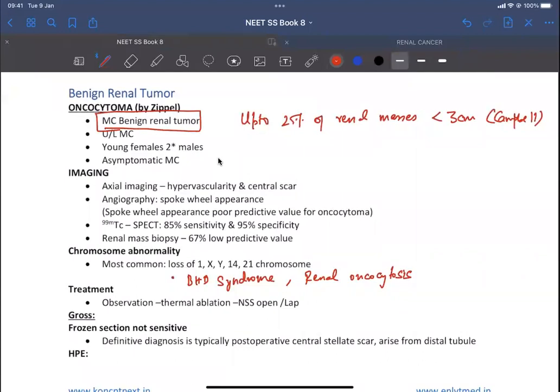Again, just briefly, Campbell says up to 25% of renal masses less than 3 centimeters can be oncocytomas. For small renal masses, it's difficult to say whether they are malignant or benign, and biopsies are about 90% accurate. There's still a 10% gray area where you may end up doing surgery for a benign tumor.